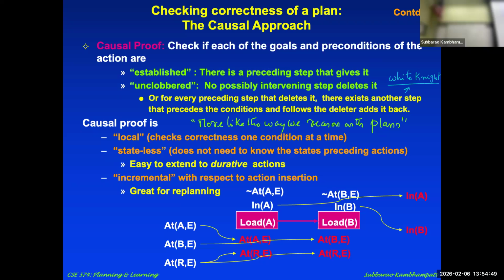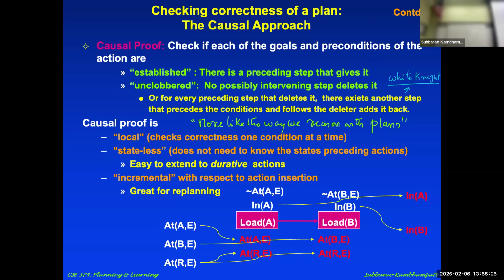And between the contributor and where it's being consumed, nobody comes and kills it. If so, then you essentially gave a proof for every condition being supported without being violated. And if you take the conjunction of those proofs, that's the proof of correctness of the plan. Do you understand what I'm saying? If everybody's preconditions are supported and none of the supports are violated, then the plan is correct by definition.